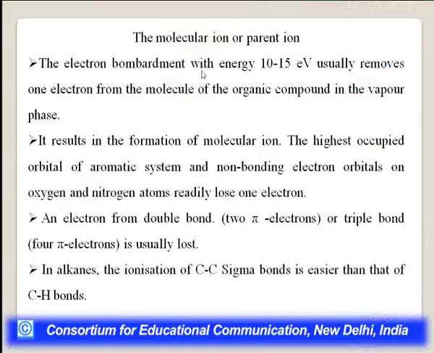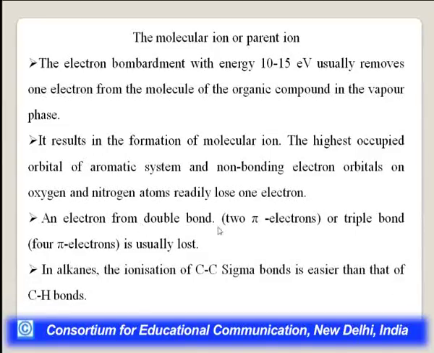Electron bombardment with energy of 10 to 15 electron volts usually removes an electron from the molecule of the organic compound in the vapor phase. It results in the formation of the molecular ion. The highest occupied orbital of an aromatic system and the non-bonding electron orbitals on oxygen and nitrogen atoms readily lose one electron.